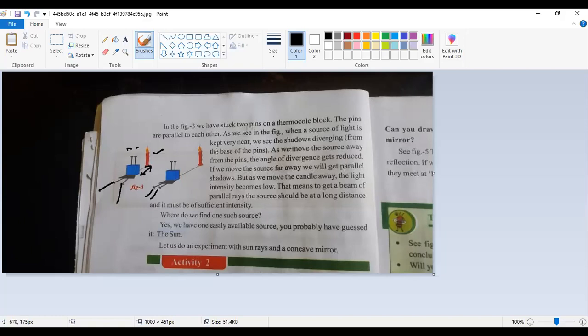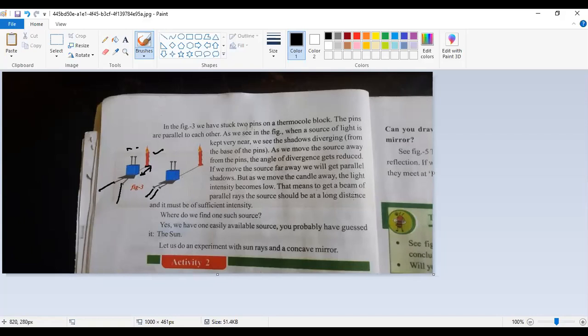But as we move the candle away, the light intensity becomes low. If we take the light closer, the shadow will be very dark, but if we take the candle away, the shadow will be very blurred. Of course, they will show us straight parallel lines, but it is very blurred.